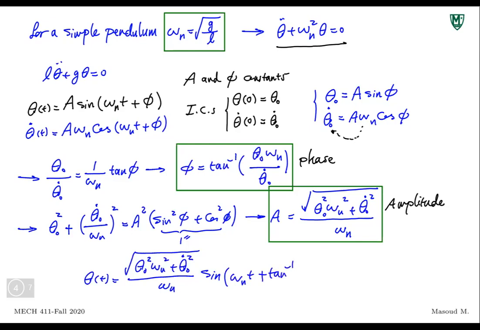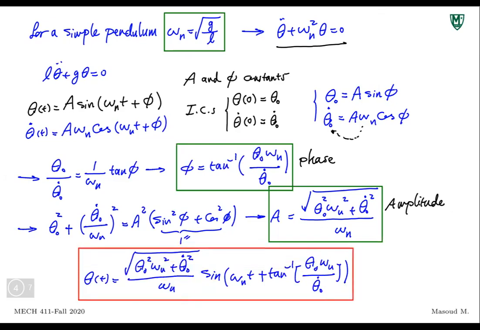Tan inverse theta naught omega n over theta naught dot. So this would be the final, we call it system response.